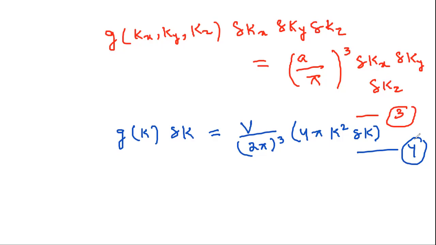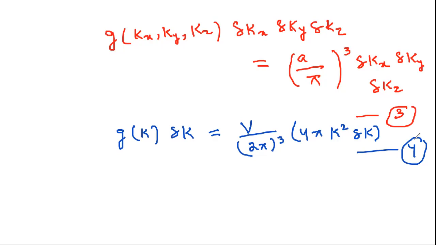V is the volume, and you know 4 pi k square delta k in this expression arises as the volume of a spherical shell of radius k and thickness delta k, and the 1 by 8 factor in this equation 4 comes since we only require the 1 by 8 of the shell for which kx, ky, and kz are all positive, that is the positive octant. Now this equation 4 is the most important result with regard to the statistical method when we apply this method to gases.